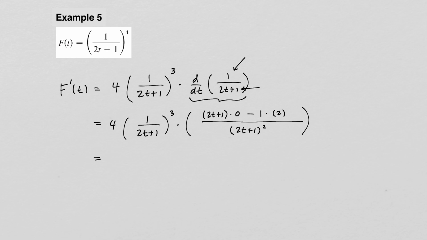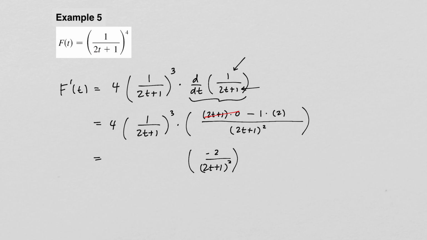And then if I simplify this, 2t plus 1 times 0 cancels out, so I have a negative 2 on top and 2t plus 1 squared in the bottom.